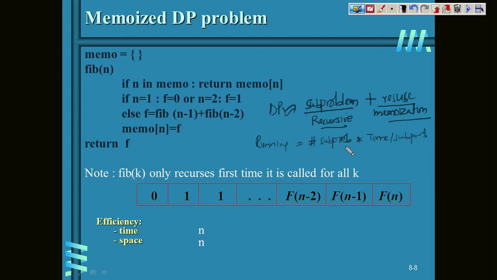Normally we have to solve each subproblem only once, so it will take big O of n time in total, and each of these subproblems is stored in the memo area, in the memory area, and accessing these already existing results takes constant effort. So it will be big O of n. This is what we have derived with this concept.